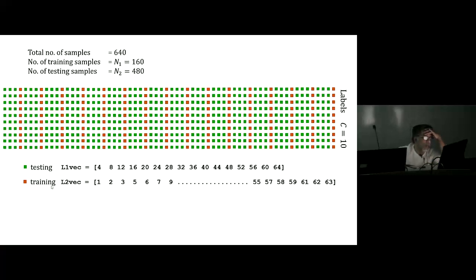And what I do is, I pick the first 3 lighting conditions, then ignore the fourth one. Sorry, this is training and this is testing. I reversed it.